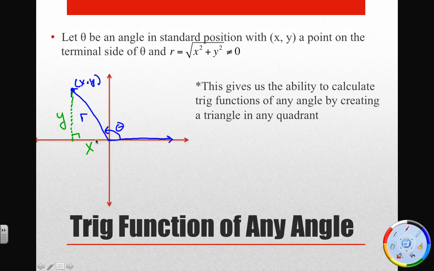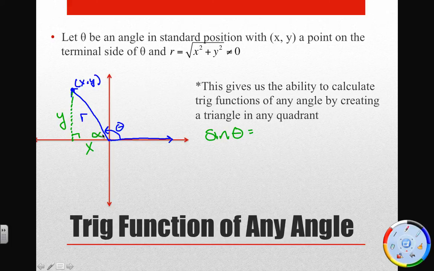So what this tells me is if I look at this angle right here, let's call it alpha, sine of theta is going to be, again, the opposite side over the hypotenuse.